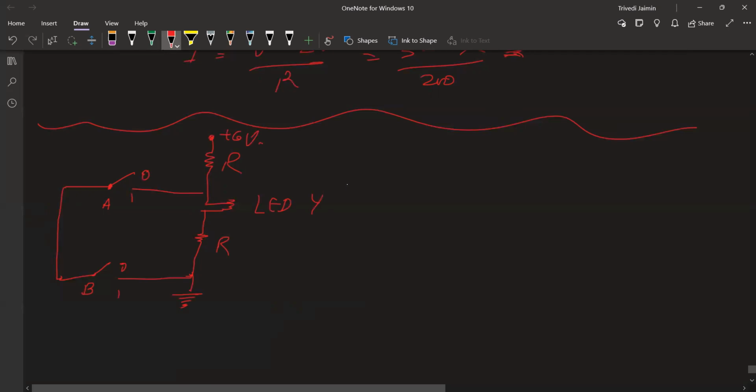See, identify the correct Boolean operation represented in the diagram. This is AND, OR, NAND, NOR.